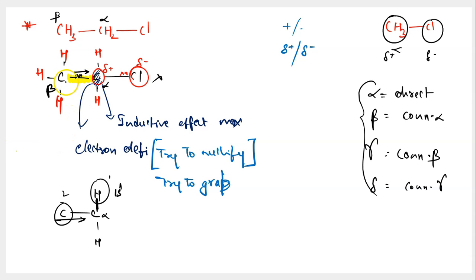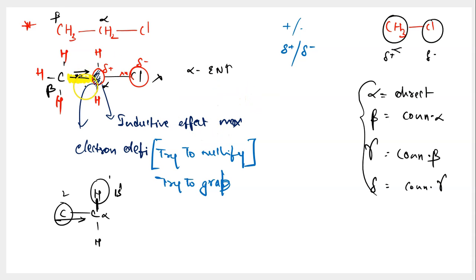But now if you ask me, carbons are equally electronegative. How is this happening? They are equally electronegative when tested individually. Now that you are observing in a molecule, and in this molecule, this particular alpha carbon is already experiencing electron deficiency, it behaves more electronegative. So alpha carbon is more electronegative in this case because of electron deficiency, and this is the result of inductive effect.